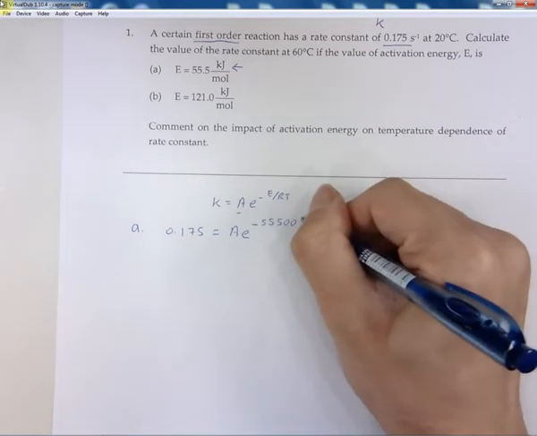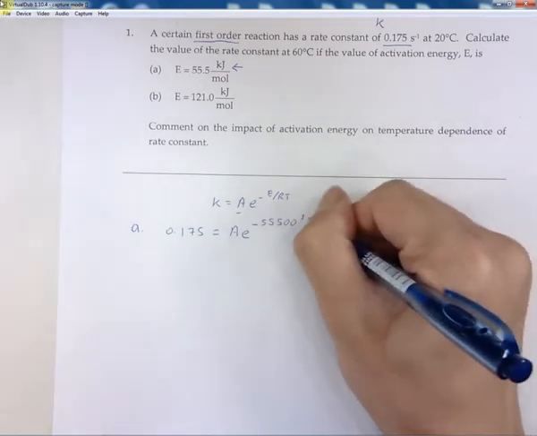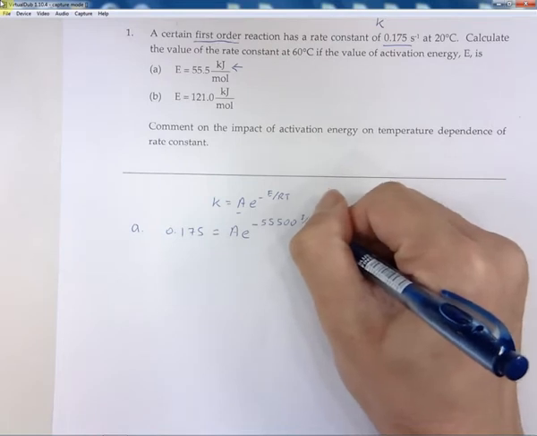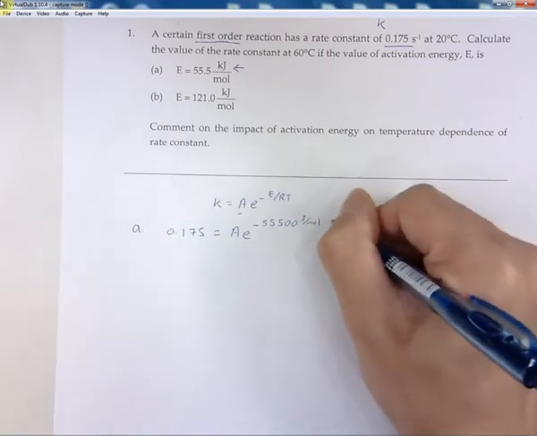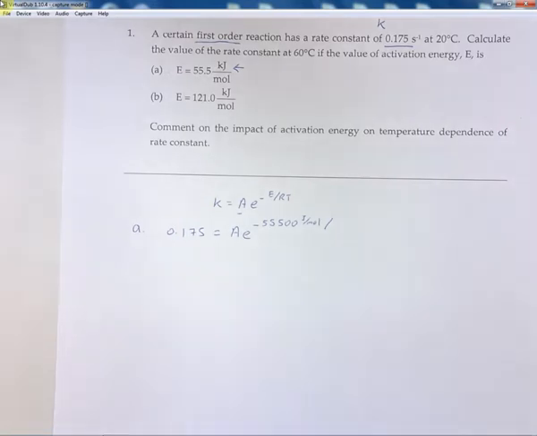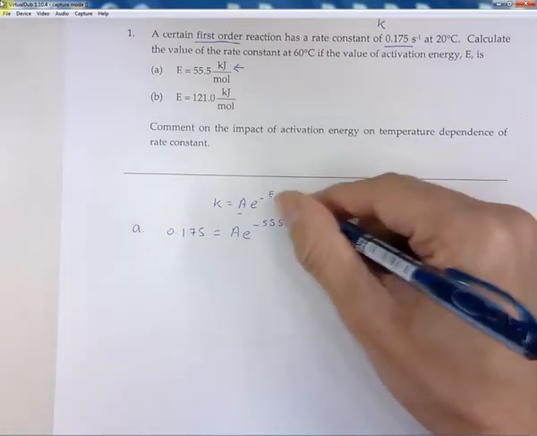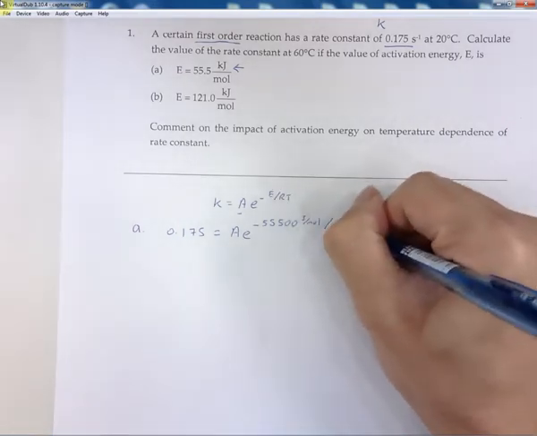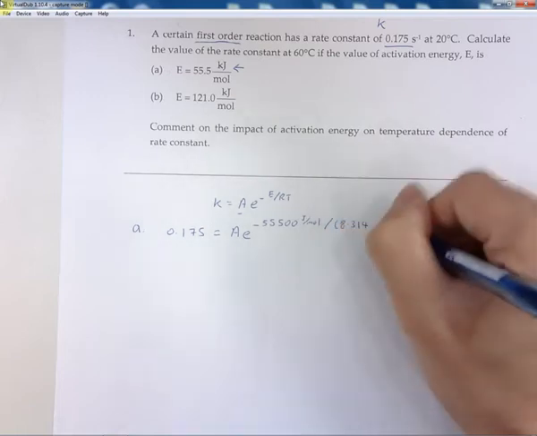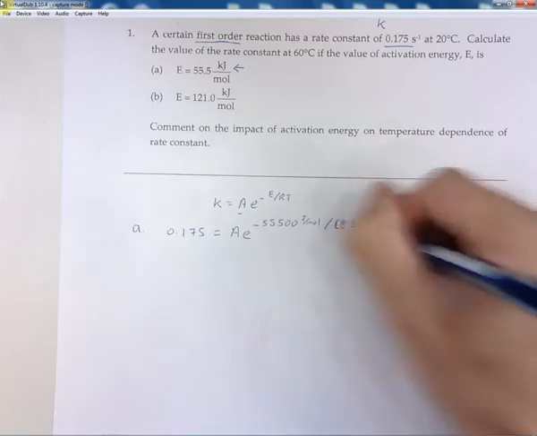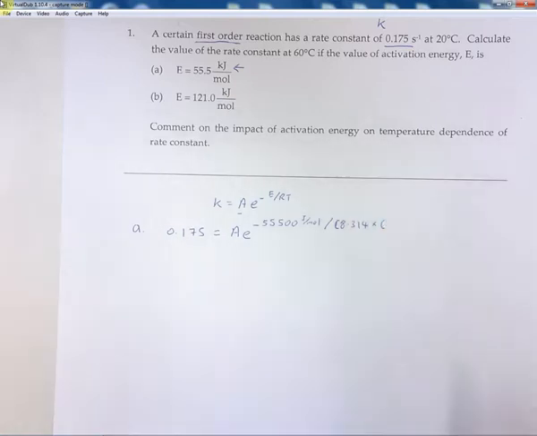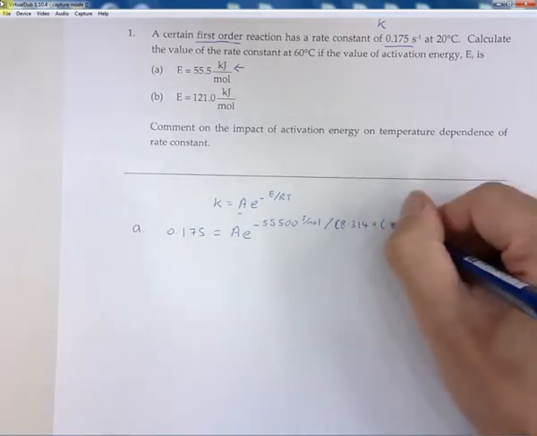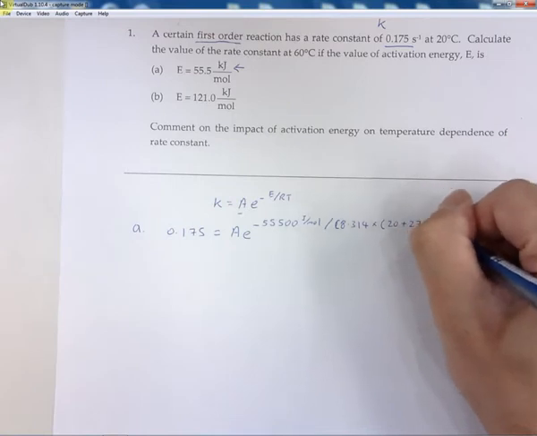So this is 55500 joule per mole divided by RT. R is the ideal gas constant of 8.314 multiplied by the temperature of 20 degrees Celsius, which in Kelvin is plus 273.